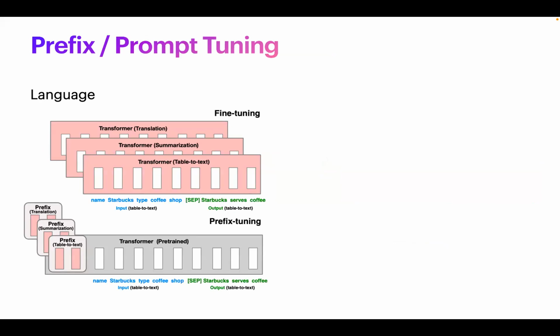So for instance, rather than training a separate transformer for each downstream task, they own a continuous vector, and they just prepend that to the input tokens. So just by changing this continuous vector, the same language model is able to perform different downstream tasks.